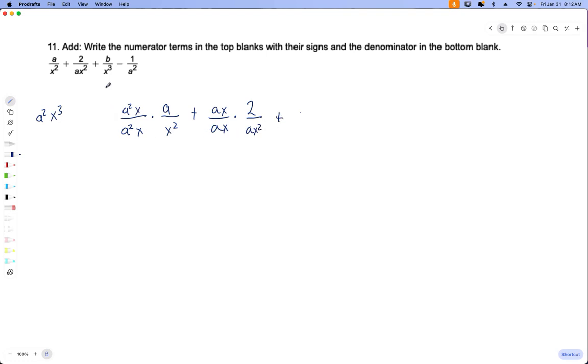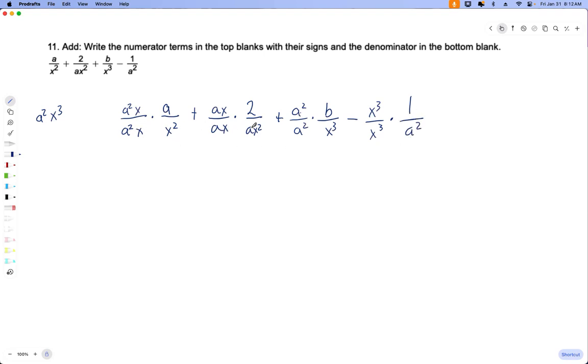Plus, now we look at this next one. We have the x cubed, but we're missing the a squared. So we multiply by a squared over a squared times b over x cubed minus, look at this last term, we have the a squared, but we don't have the x cubed. So we multiply by x cubed over x cubed times 1 over a squared.